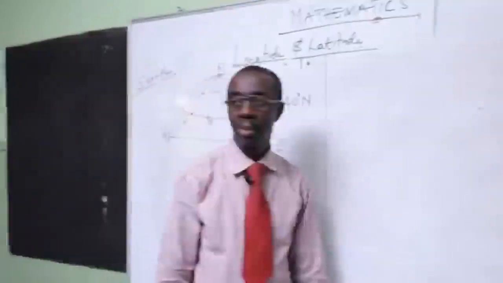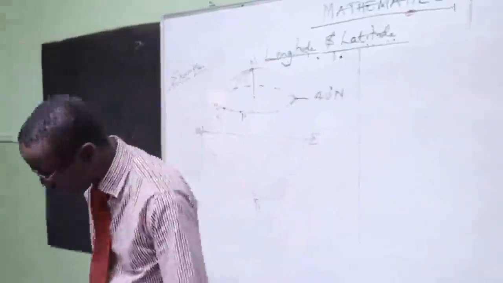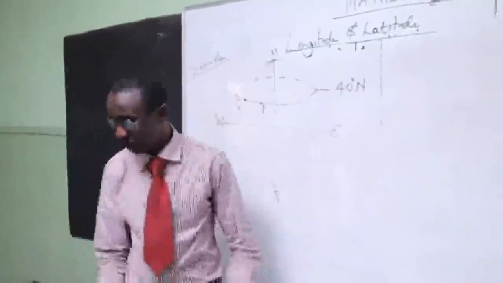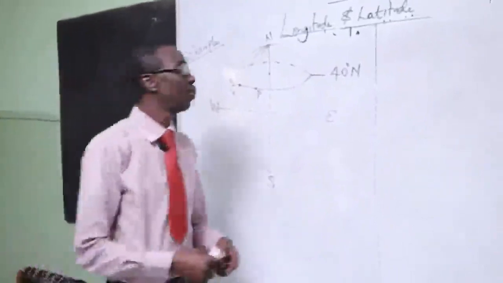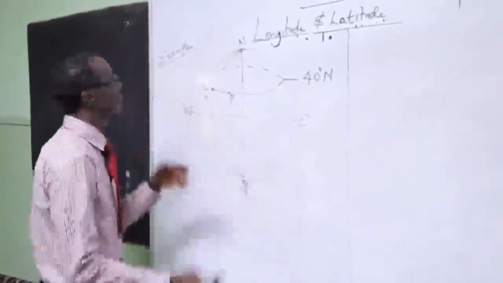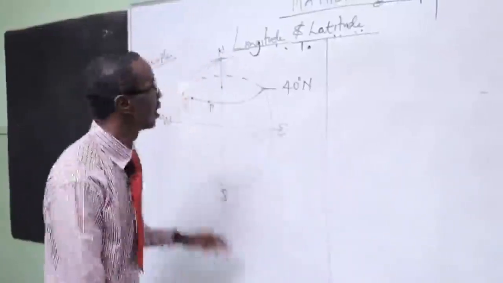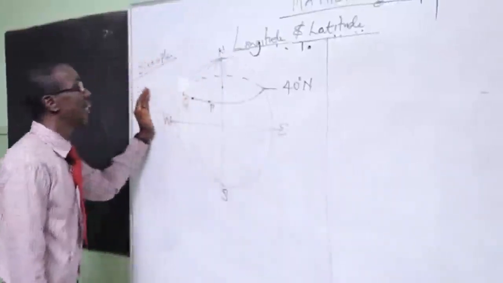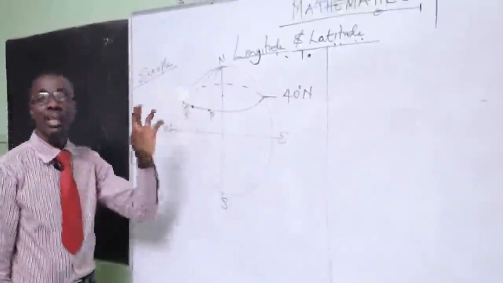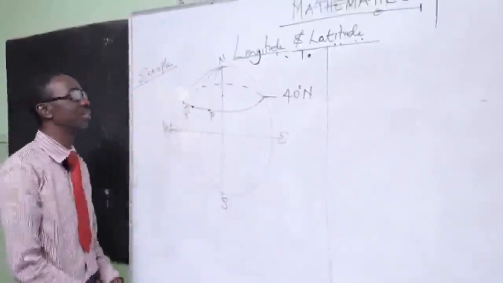They are now asking us to find A, the radius of the parallel of latitude. But before that, you will agree with me that with the definition of a small circle, it is formed only when there are two longitudes placed on a single latitude.